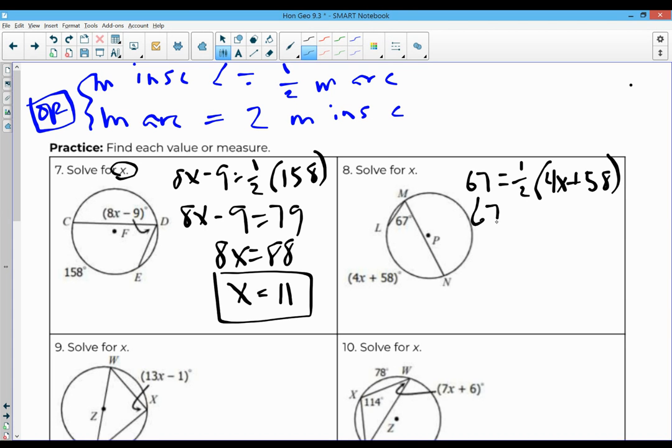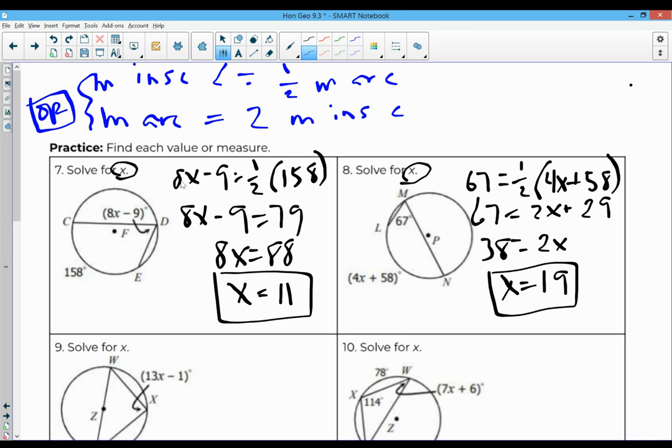Doesn't matter which way I do that, this is just what I felt like. So I split that in half. Subtract 29 on both sides, 38. And I look for x, that's my goal, x equals 19. Boom, bam, bang. Logical.